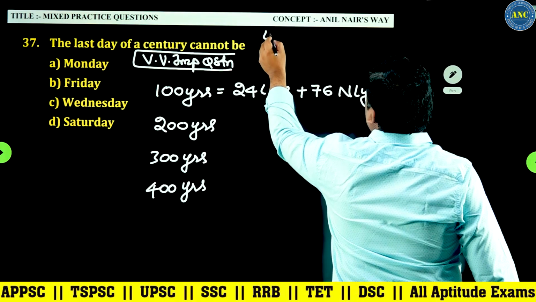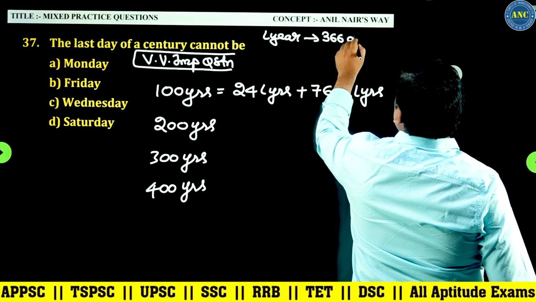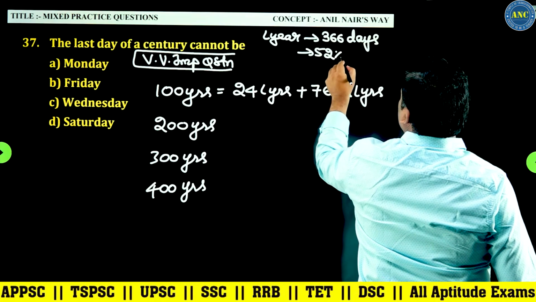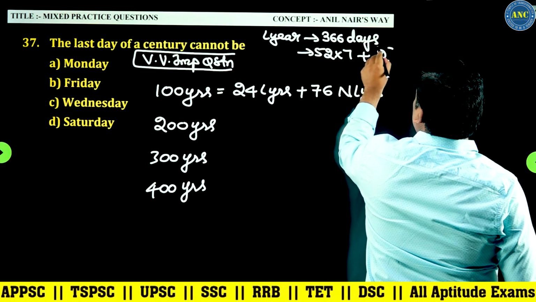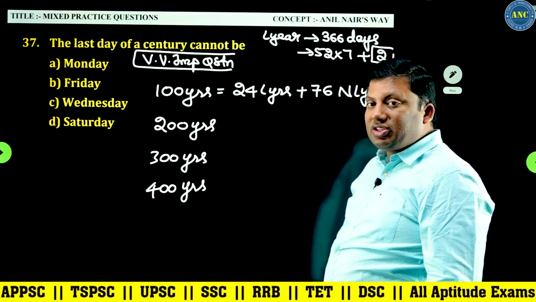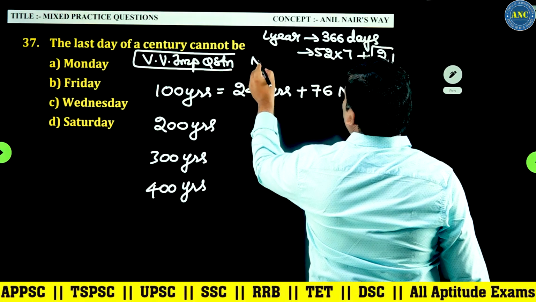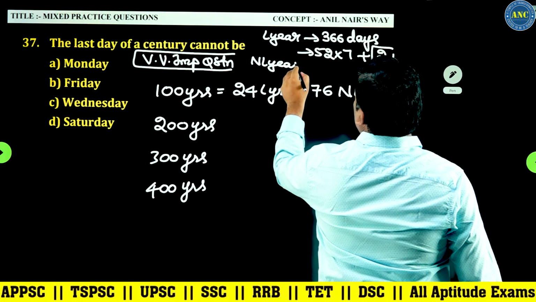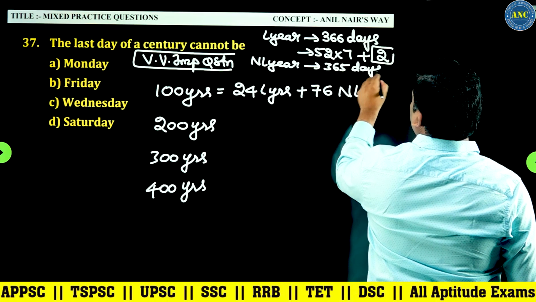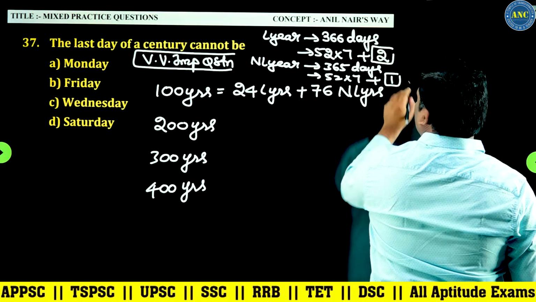A leap year has 366 days. There are 52 weeks, each week has 7 days, plus extra 2 days. A non-leap year has 365 days, which means 52 weeks and extra 1 day.